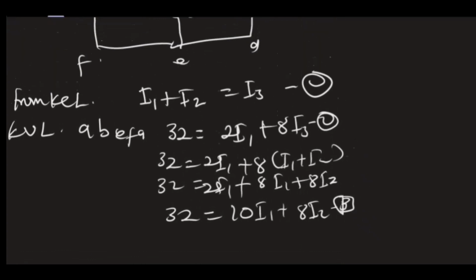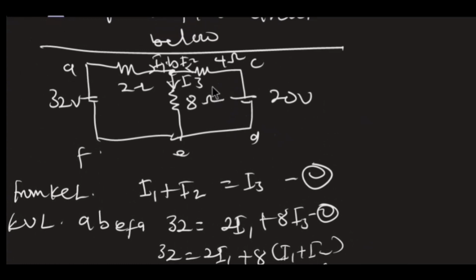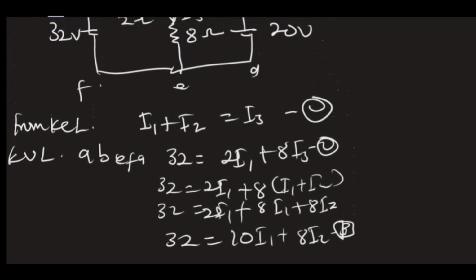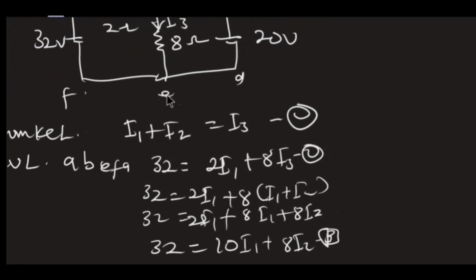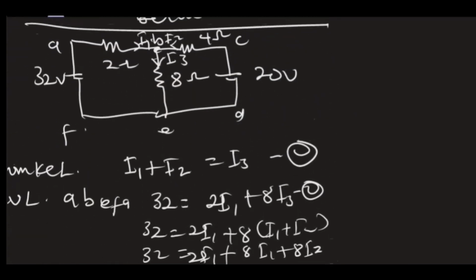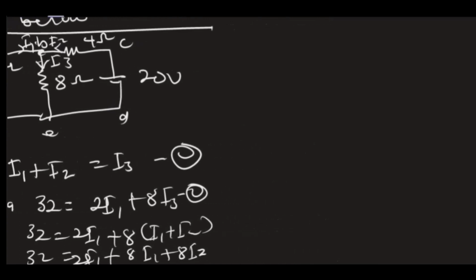So now let me take this loop, loop BCGB. So let me bring that loop here.